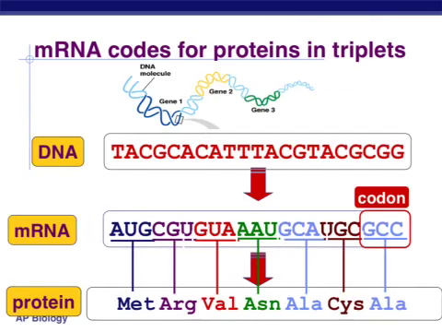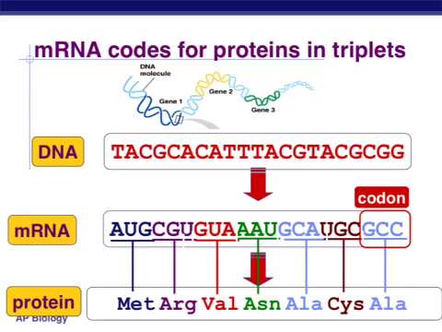So a messenger RNA codes for proteins based on the number of letters it can read at a time. So it can read in triplets, also called a codon, which is just a series of 3 nitrogen bases. So like if you look at this part of the picture right here, this is our messenger RNA, and this group of 3 letters refers to what we call a codon or a triplet.